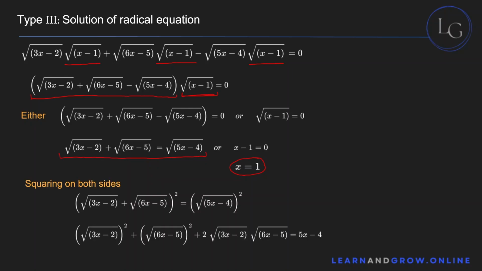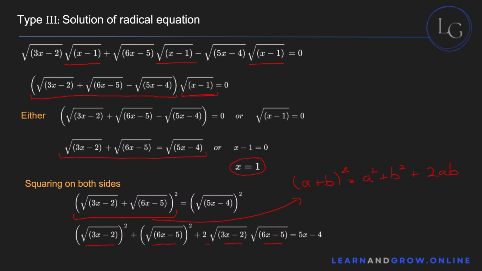Now, if you remember, this is just like this term here. You'll solve in a way like a plus b whole square is equal to a square plus b square plus 2ab. And that is exactly what we've done here. This is a square, this is b square, and this is 2ab.